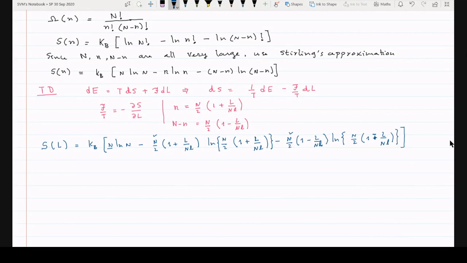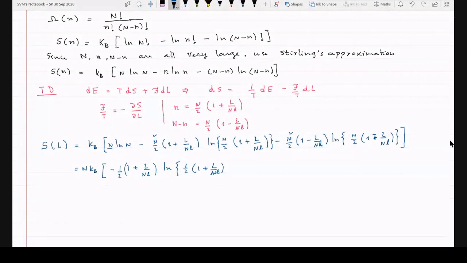So I can pull that out and write this as N kB, and you can write this as logarithm of N plus this one, and this also has logarithm of N plus this one, and then like in the previous, please look at previous calculation carefully, then that logarithm of N will cancel with this logarithm of N. So I will have minus 1 by 2 into 1 plus L by NL into logarithm of 1 by 2 into 1 plus L by NL.